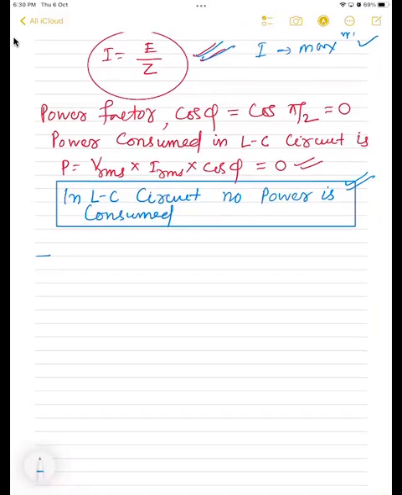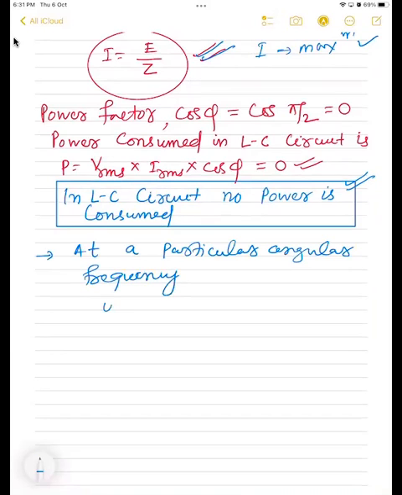At a particular angular frequency, omega L is equal to 1 by omega C, correct?